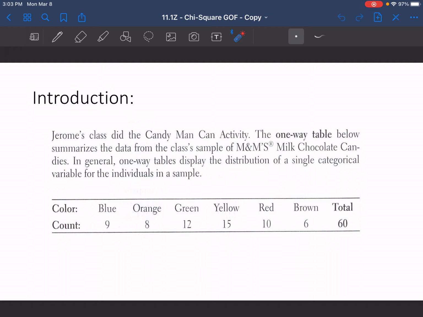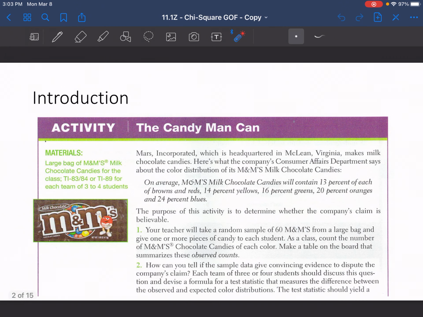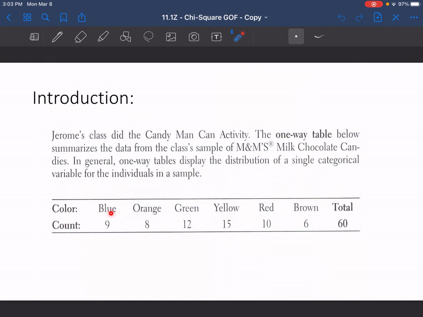So even though we're supposed to get 13% each of brown and red candies, 14% of yellow candies, 16% of green candies, 20% of oranges, and 24% of blues, the class, or Jerome, actually got 9 blue candies, 8 orange candies, 12 green candies, 15 yellow candies, 10 red candies, and 6 brown candies for a total sample of 60 candies in this case.